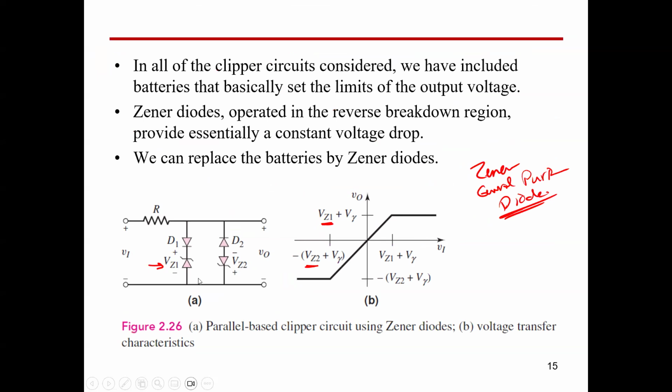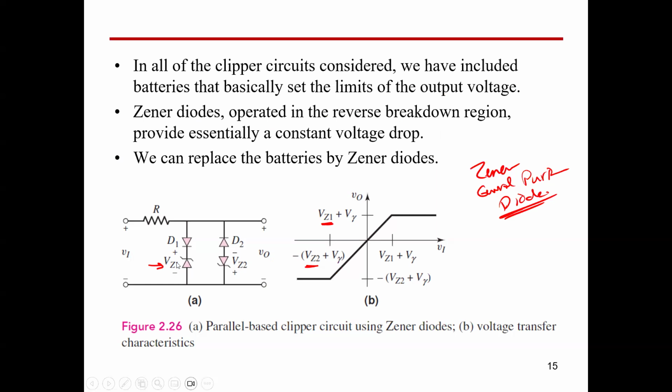Okay, so this is again the circuit that we could see in case of replacing the battery by means of a Zener diode. So again, guys, instead of the plus minus, you will have the cathode and anode of the Zener diode here. The Zener diode cathode is going to be at the positive polarity of the battery, and the anode is going to be at the negative side of the battery, as you can see.